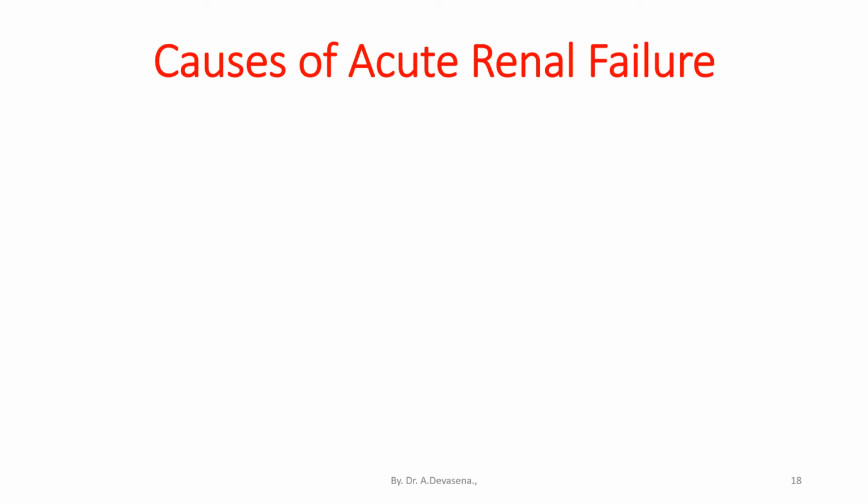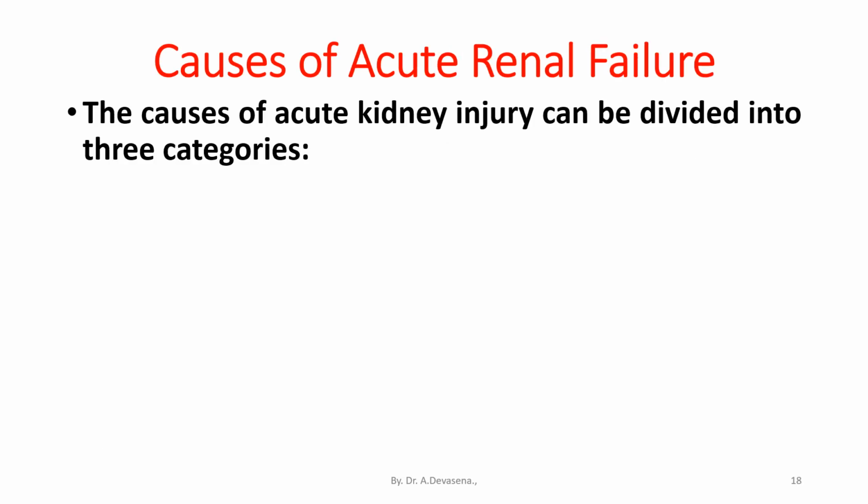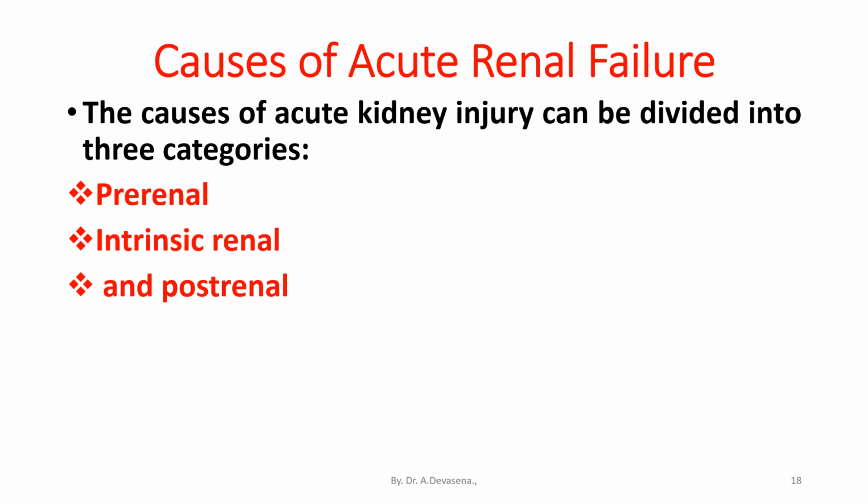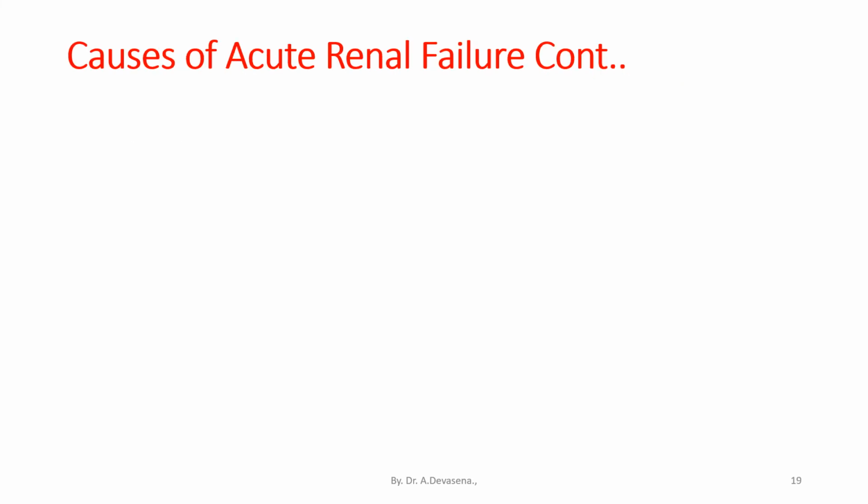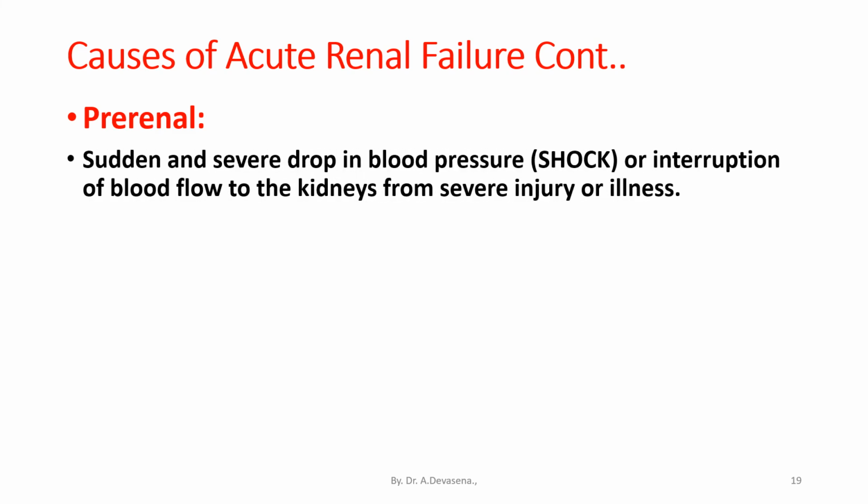Causes of acute renal failure. The causes of acute kidney injury can be divided into three categories: pre-renal, intrinsic renal, and post-renal. Pre-renal. Sudden and severe drop in blood pressure, that is shock, or interruption of blood flow to the kidneys from severe injury or illness.